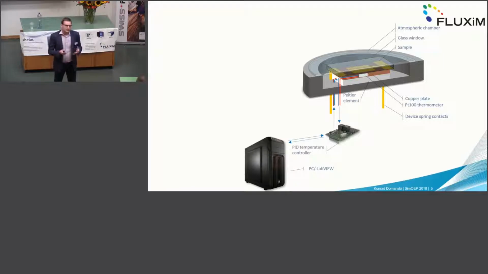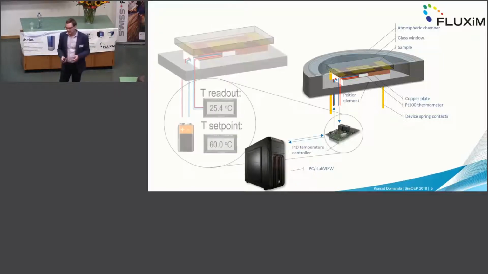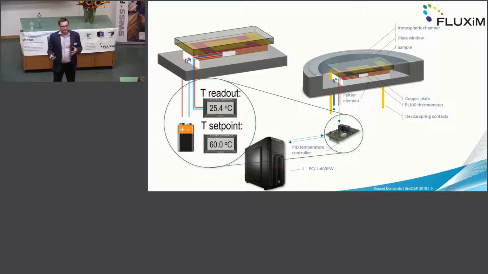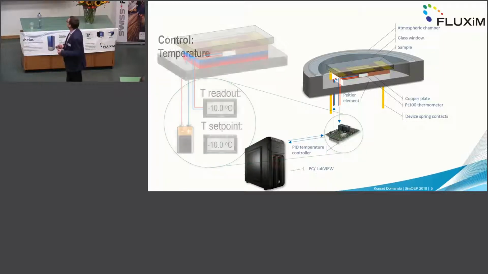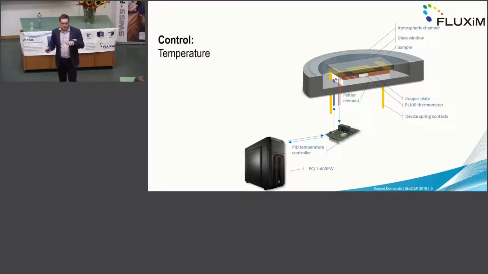So for example, for temperature, we have a PID controller that takes the readout of the temperature of the sample, takes the set point from the user, and biases the device in such a way as to reach the desired temperature by either heating up or cooling the device. So you can control temperature very precisely and locally in this manner.